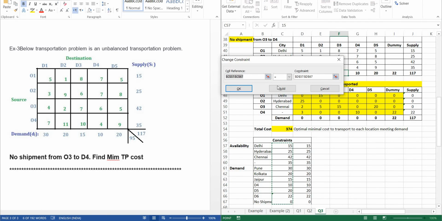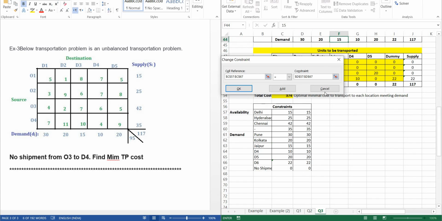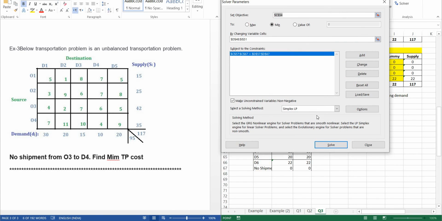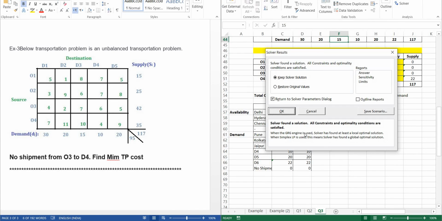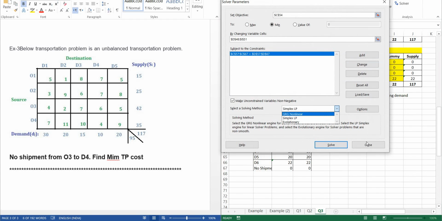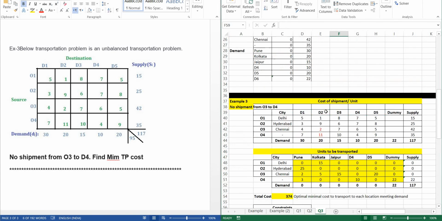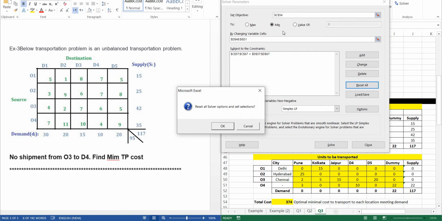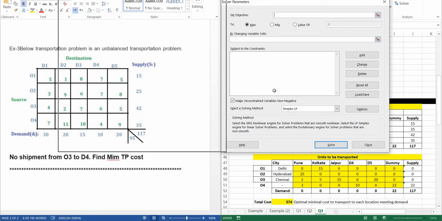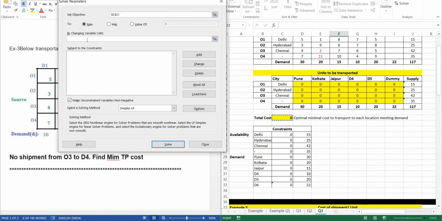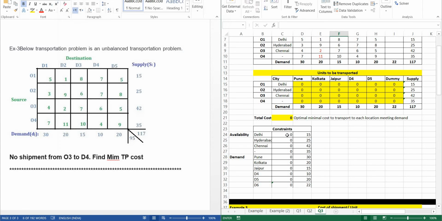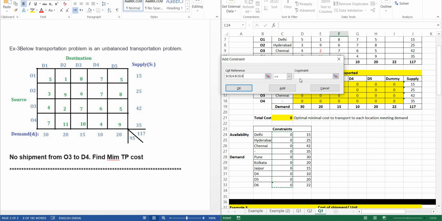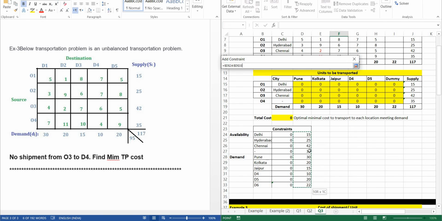We had TP problems in today's work, and the only difference in today was that we had some specific constraints, like we did not want to give allocation to a certain cell, and there are multiple ways of doing this. You have mentioned that we should either increase the cost or decrease the profit. One more method is that you can just put a new constraint that on that cell you can just put a constraint equal to 0.